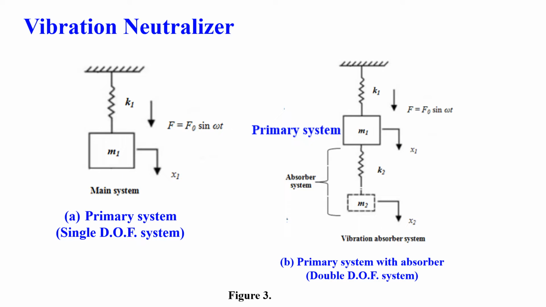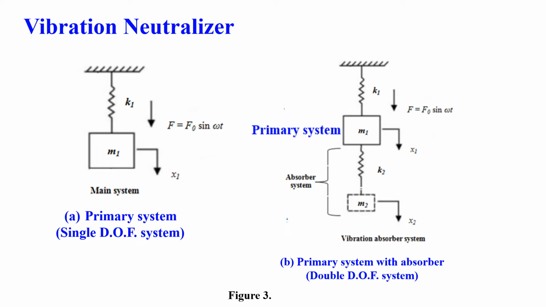Then the vibration neutralizer. In figure 3A, there is a primary system. We can also call it a single degree of freedom system. Here, the spring having stiffness K1 is connected to mass M1 and we have applied an excitation force F equal to F naught sine omega t.